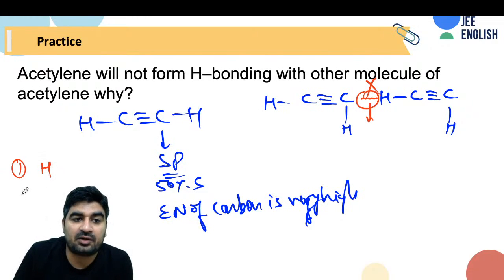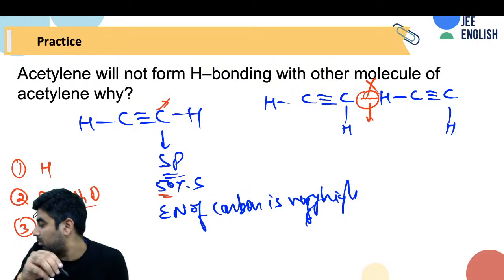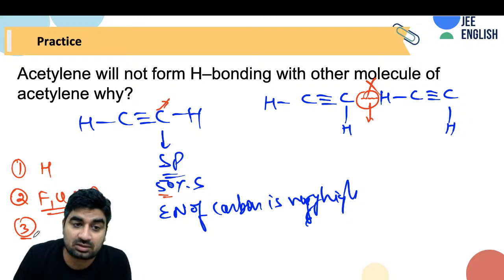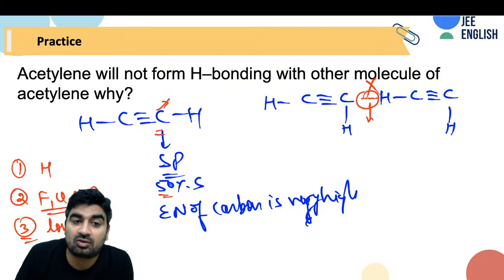One atom should be hydrogen, another should be fluorine, chlorine, nitrogen or oxygen, and here it is carbon. But carbon can also make it, because here the electronegativity of carbon is very high, so it's okay. And then there was a third condition that says that the more electronegative element should have a lone pair of electrons.